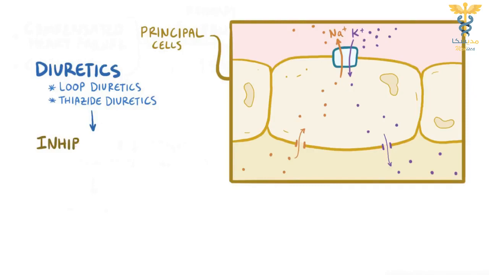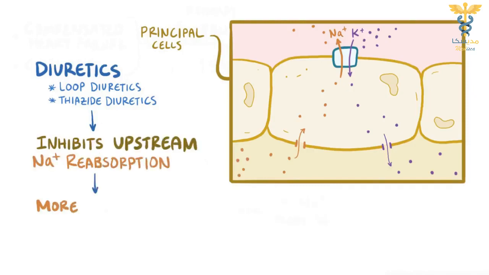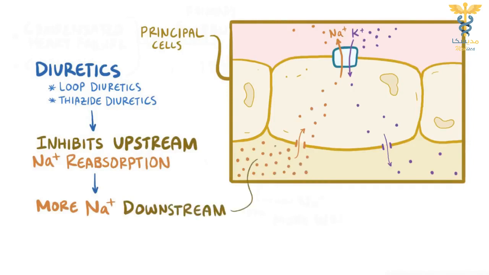These diuretics inhibit sodium reabsorption upstream of the principal cells, which means more sodium is delivered downstream to the principal cells. As a result, more sodium enters the principal cells and is available for the sodium-potassium pump, which pumps that sodium out into the blood and pumps potassium into the cell, creating a relatively high potassium concentration in the principal cell.